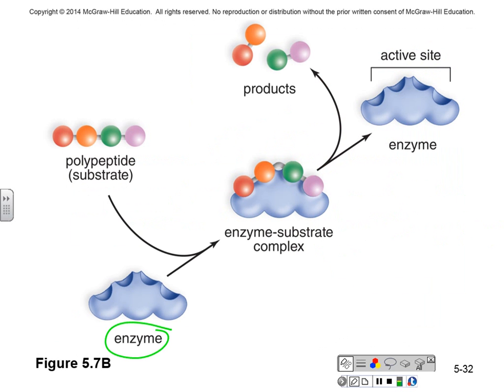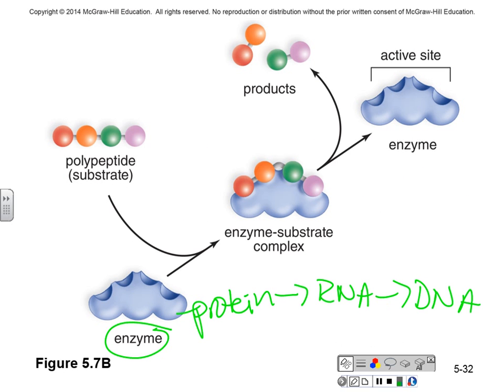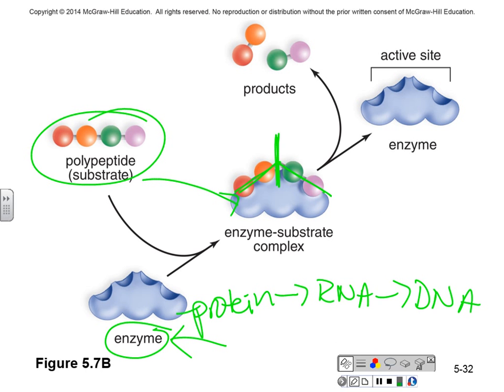Here is an enzyme. Remember, enzymes are also proteins. So this was made from RNA and this was made from DNA, right? So the cell decided it needed to make this enzyme. I have this polypeptide here. It's going to bind to the enzyme, and you see how it's causing it to bend? Well, by causing it to bend, it allows this bond to be broken more easily.